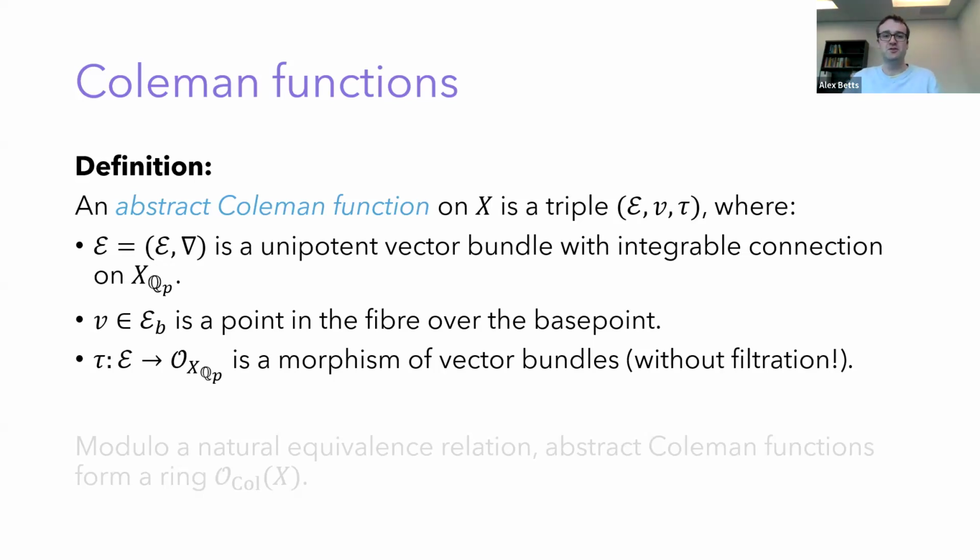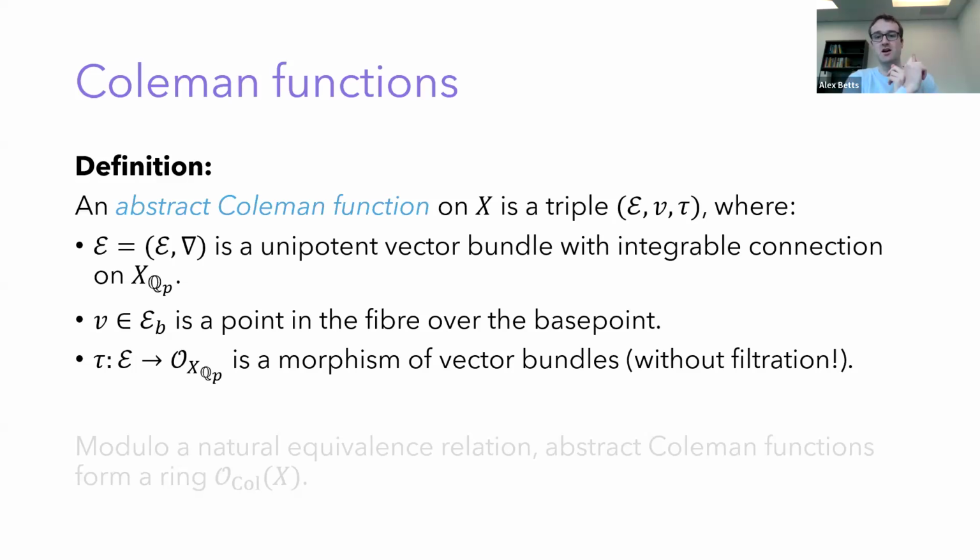So I'm going to be a bit precise about what this means. If you're going to do this in full generality, I think it's most convenient to take the perspective developed by Amnon Besser. Very slightly modifying his definition, we're going to define an abstract Coleman function on my curve X to be a triple consisting of three things.